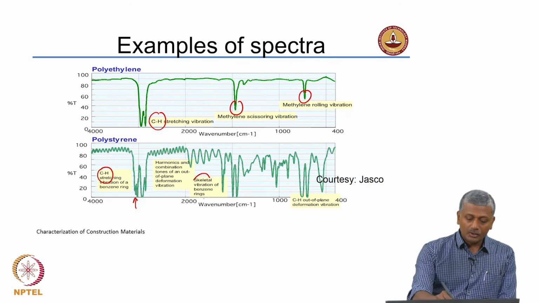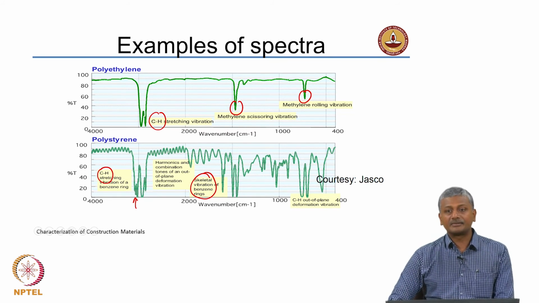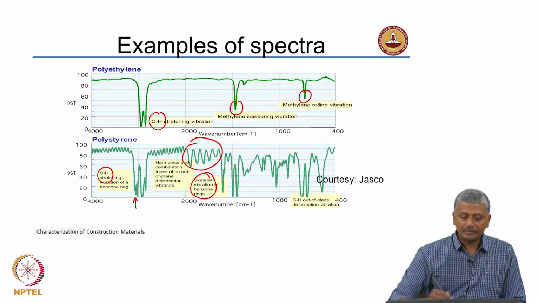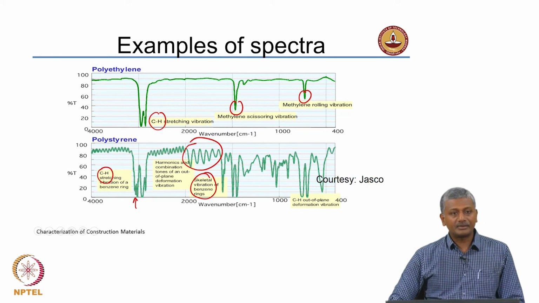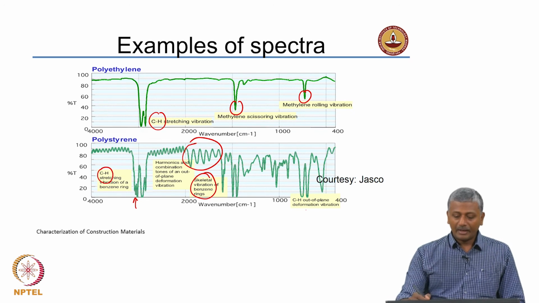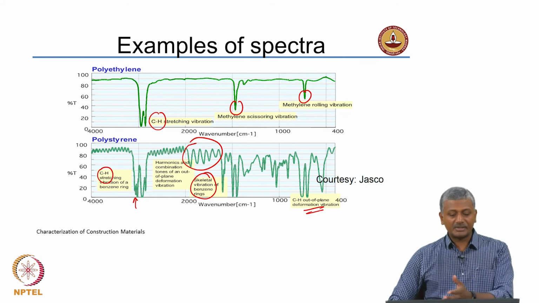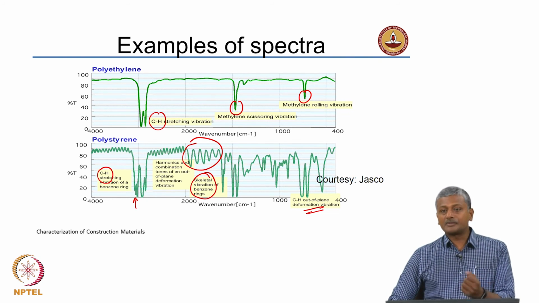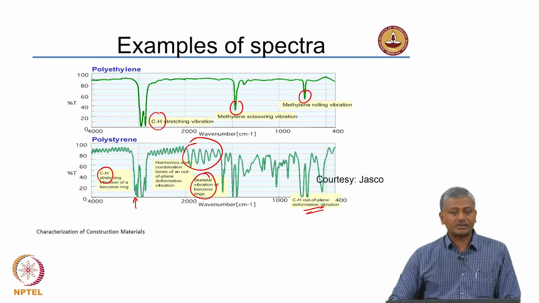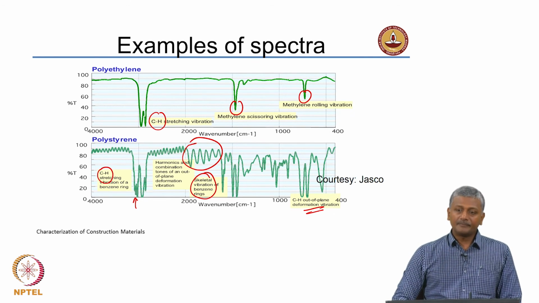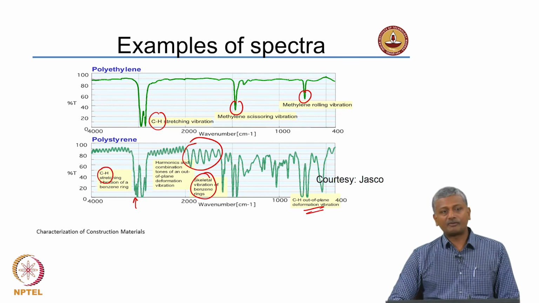You can also get skeletal vibration of benzene rings, the complete vibration of the rings itself, that can produce such kind of IR spectra. And you can also get out of plane deformation vibration of carbon hydrogen bonds which are recorded later. But you can see the spectra becomes a lot more complex for structures like benzene, whereas for simple aliphatic structures like polyethylene you get very specific peaks that mark the presence of certain types of compounds.